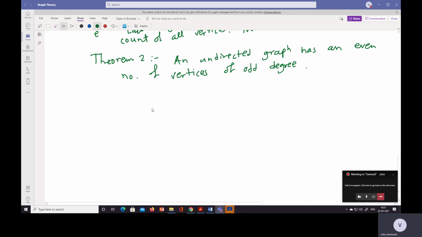Okay, so I'll just first explain this terminology. Consider u, v, w, x. Suppose this is the graph, and these are the edges. So what is this theorem? An undirected graph has an even number of vertices of odd degree.